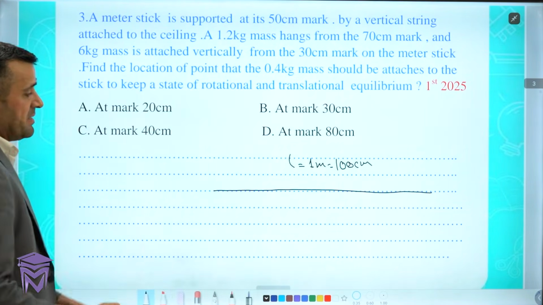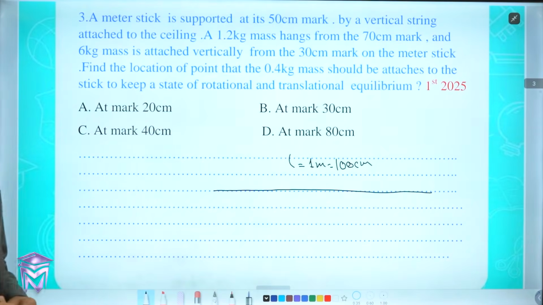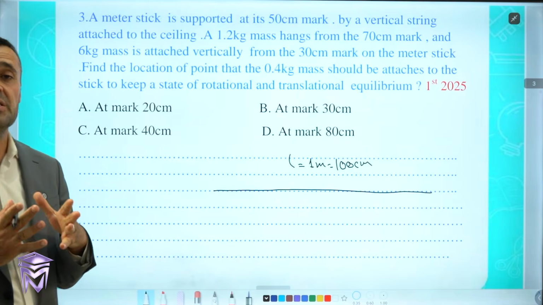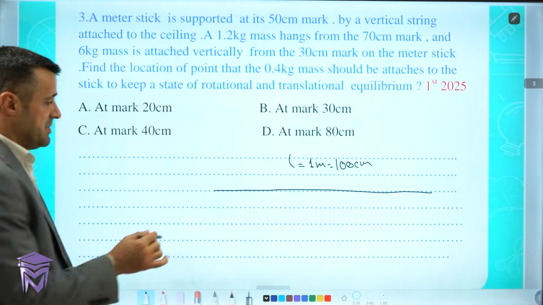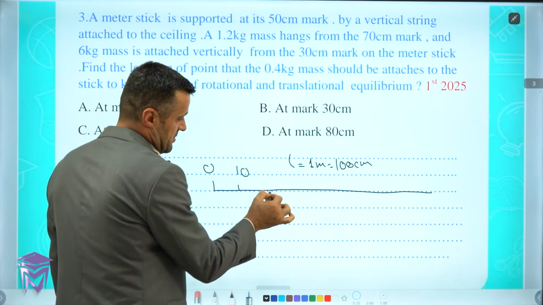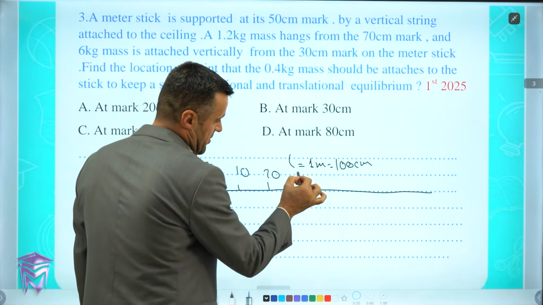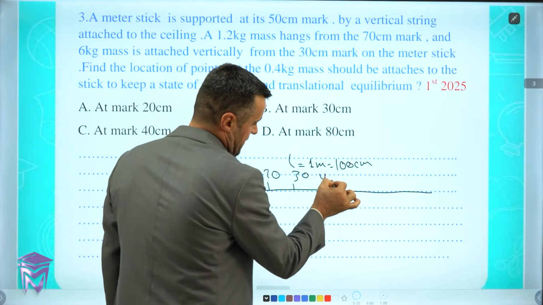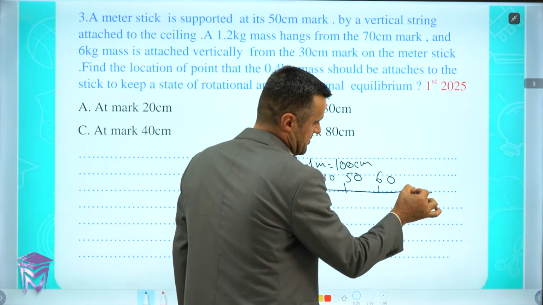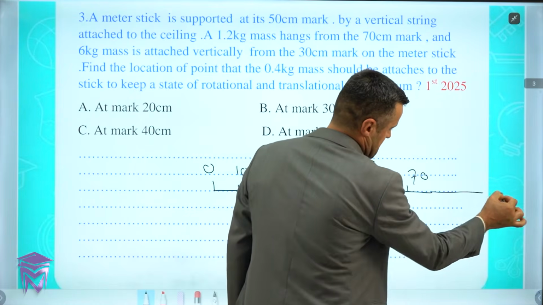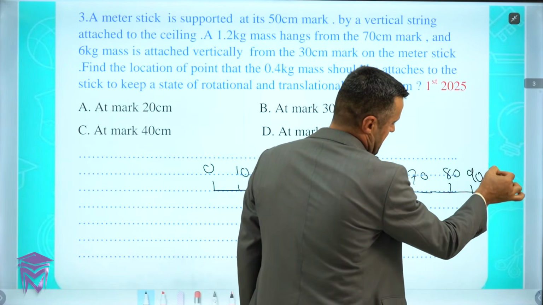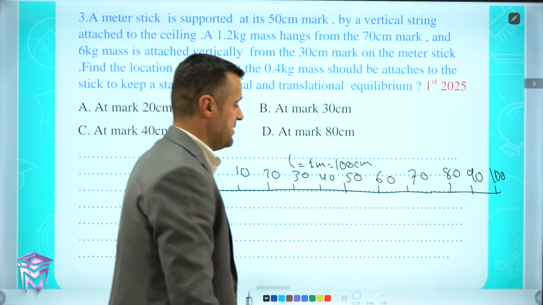We have to divide this stick into 10 equal parts, such as 0, 10, 20, 30, 40, 50, 60, 70, 80, 90, 100 centimeter.